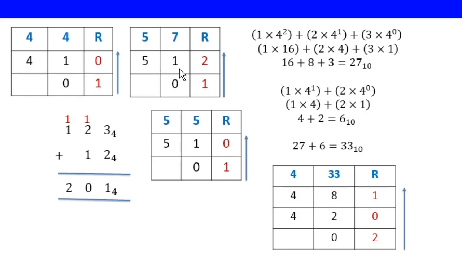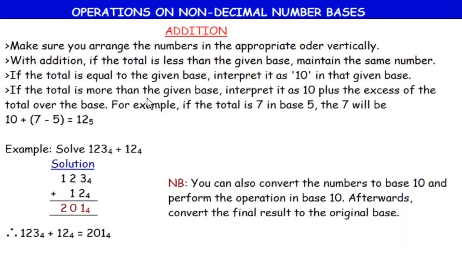It is 1, remainder 2. So you see it is 12. But actually it was 10 plus the excess of 7 over 5. This is just a simple shortcut I'm giving you so that it will help you in your objectives. In math you need to be smart, especially with the objectives.